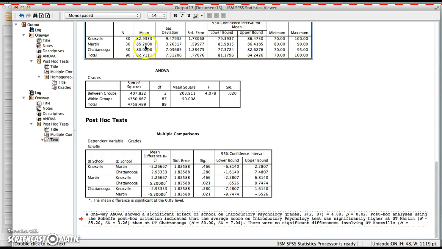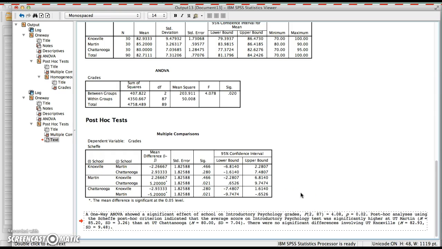Mean equals 82.93. SD equals 9.48. And that's it. So that's your reportage.